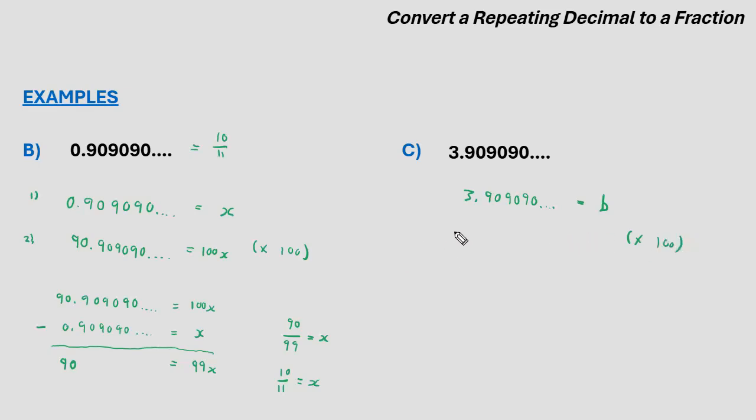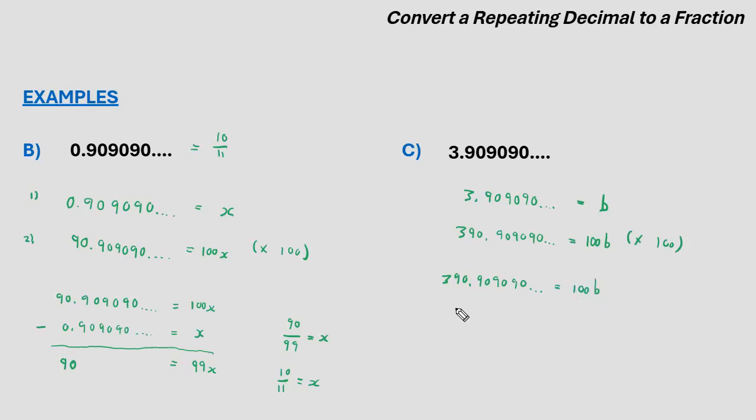So again, move the decimal point 2 places right, and b multiplied by 100 is 100b. So the second equation we have, and then we subtract our first equation that we had here.